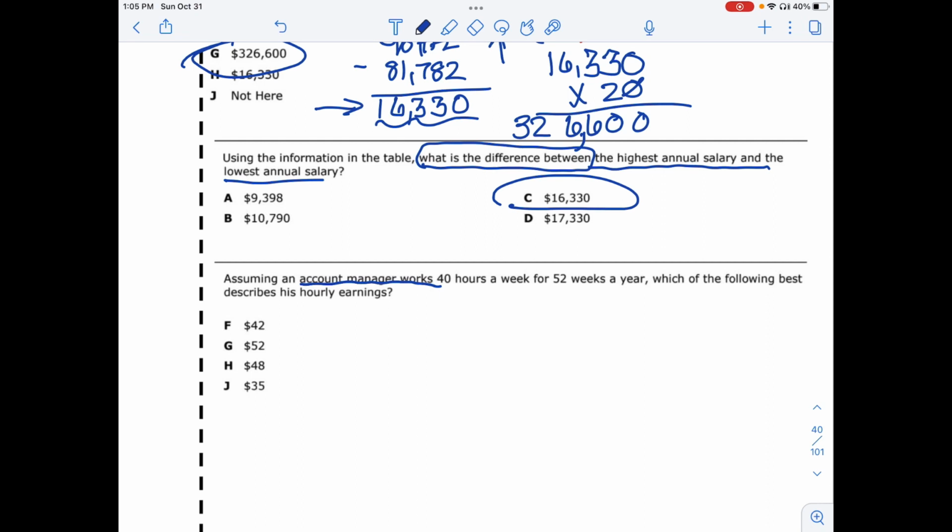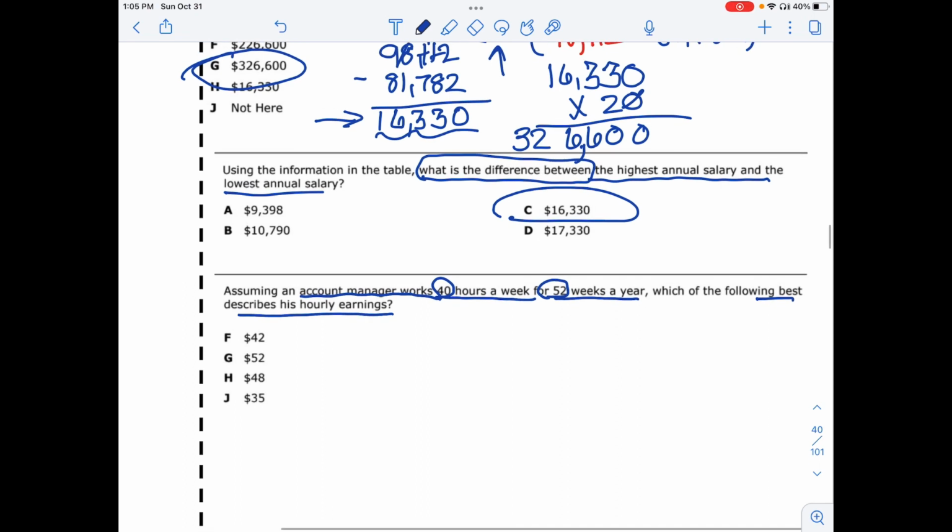Assuming an account manager works 40 hours a week for 52 weeks a year, which of the following best describes his hourly earnings? This is a very tedious problem. You might need to use a calculator for this.